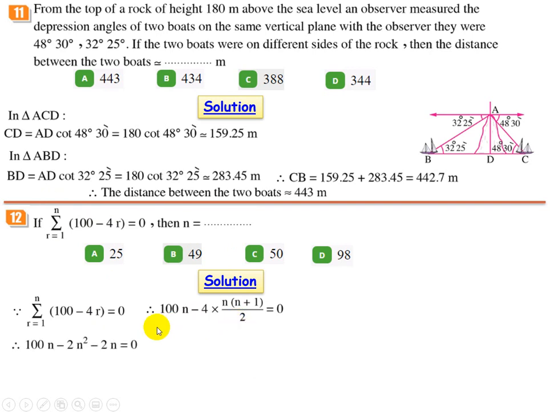Simplifying this equation, you will find 800n minus 2n squared minus 2n. So 2n squared minus 98n equals 0. Taking 2n as common factor, we'll find that either n equals 0, this is refused, or n equals 49.